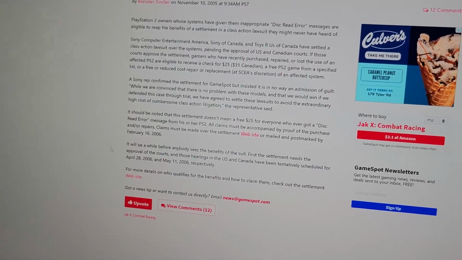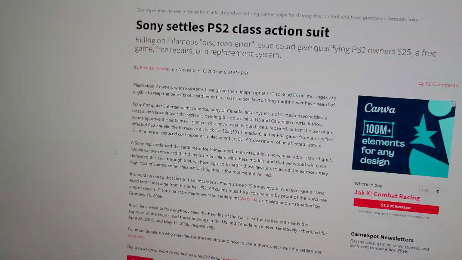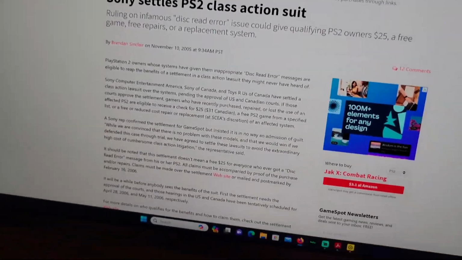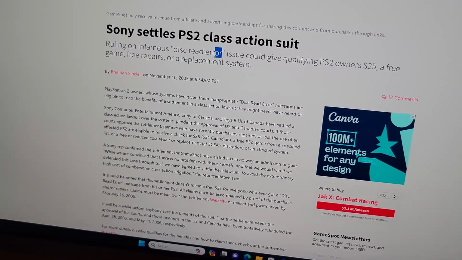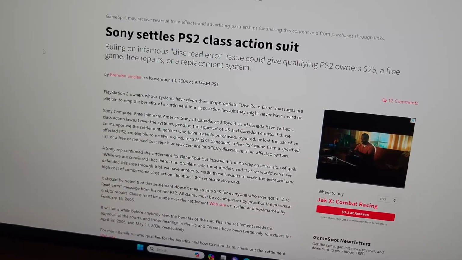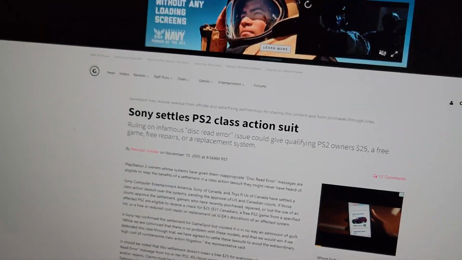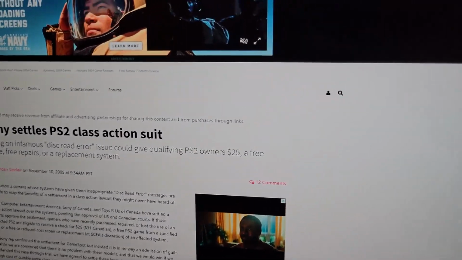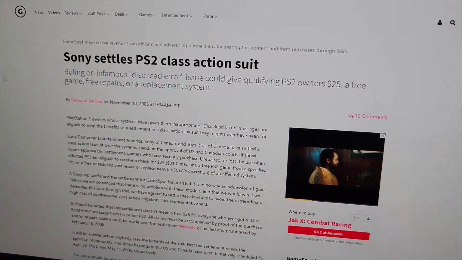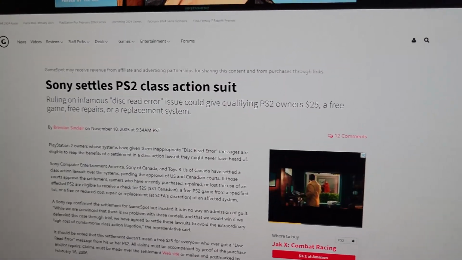the fact of the matter is they used to fix these for free, man. If it was a disk read error issue, they would fix it for free. I used to laugh at that because I think I sent like 30 of them to him after paying $25 for them. And what I should have done is I should have said, I think my sister still has one.